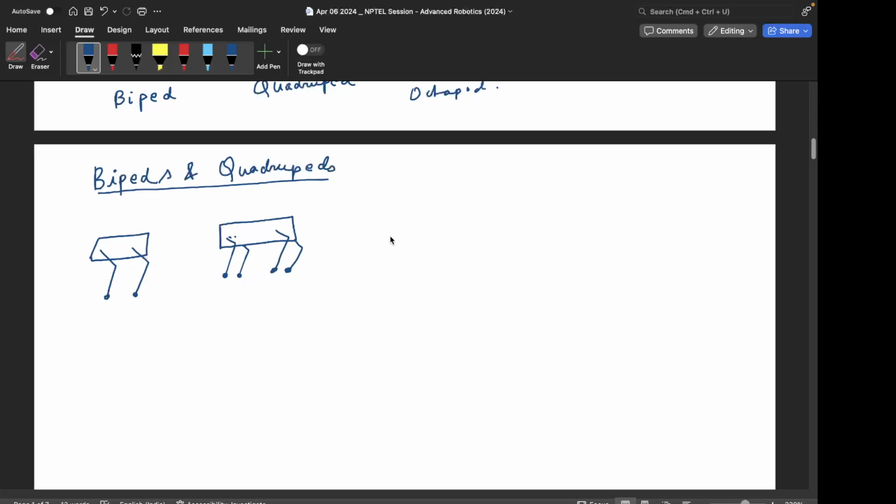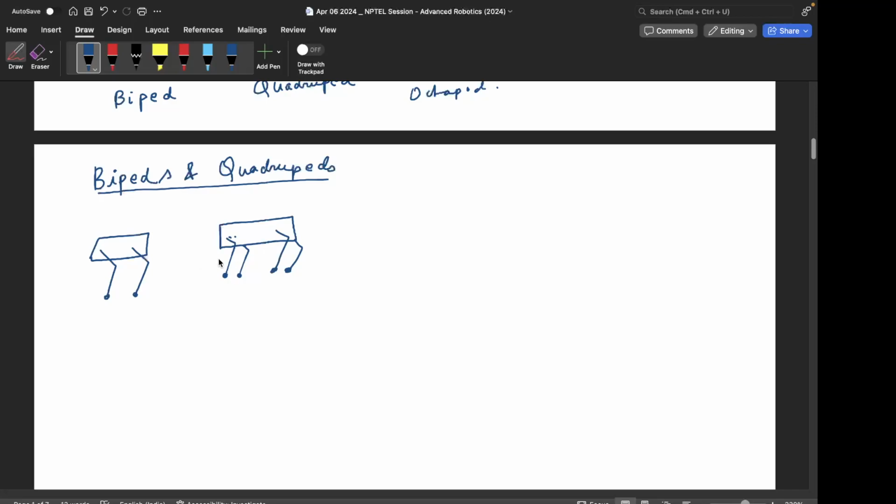So it's just a base with two legs attached to it. It is not anthropomorphic, right? It does not have hands or head when I say biped in this discussion. I mean that.